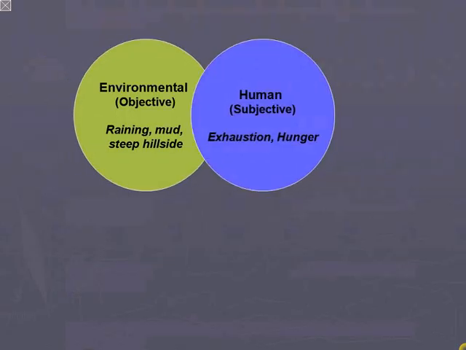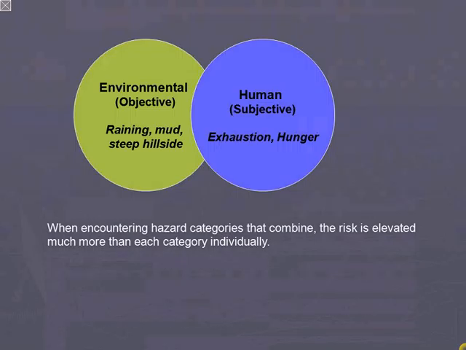However, when you combine these hazards, risk is elevated more than you would expect. In this example, you have a rainy, steep slope, an environmental hazard, and a human hazard, someone who is exhausted and hungry. Those two separately are some amount of risk, but together you have elevated risk right here.